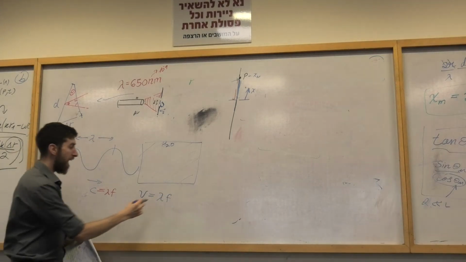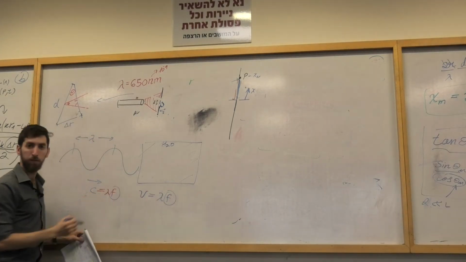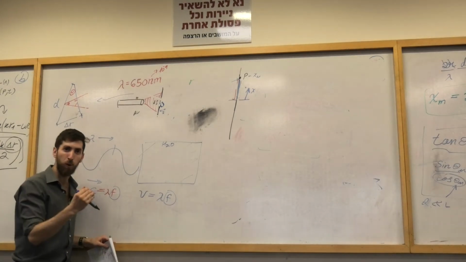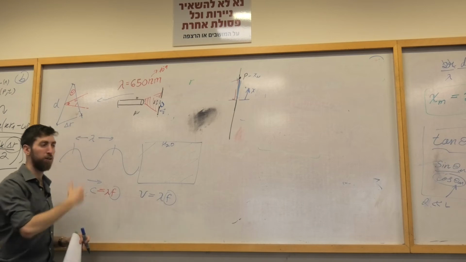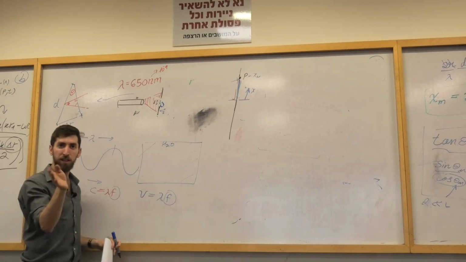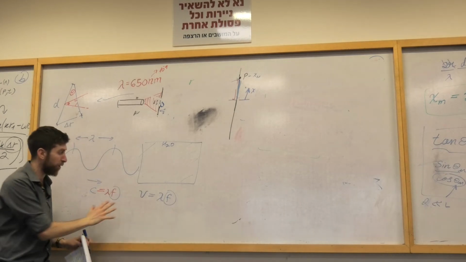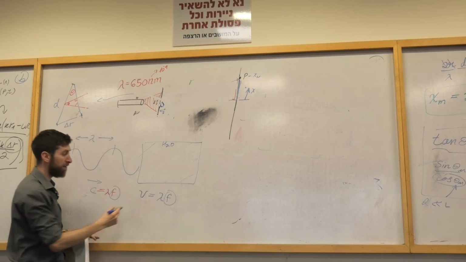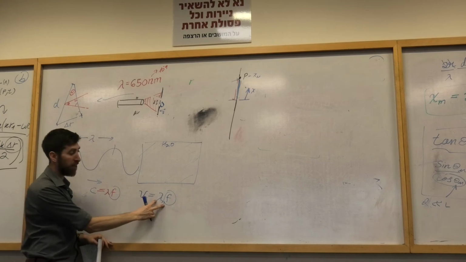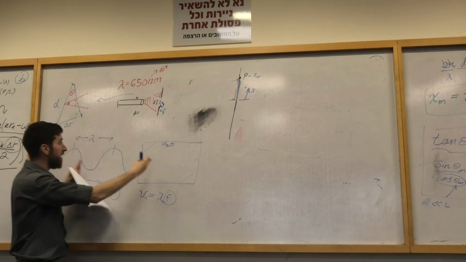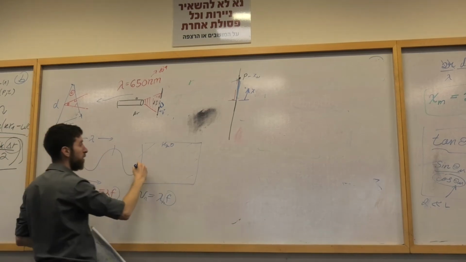Would f change if we change medium? No, the tempo of the light is going to be the same. If I give some slaps to something, it's going to feel the same slaps at the same frequency, right? But something is going to drop, and this is actually the speed and the wavelength. The wavelength is going to decrease and look like that.